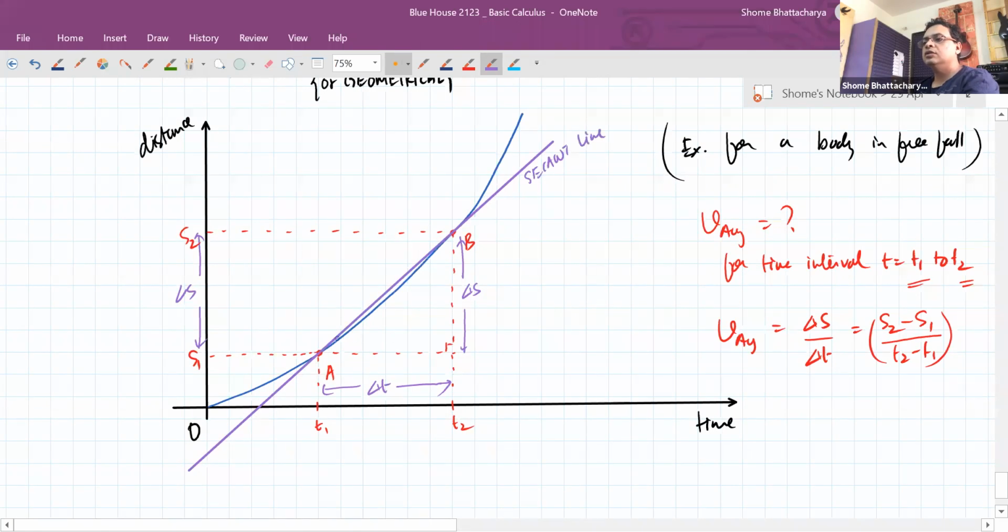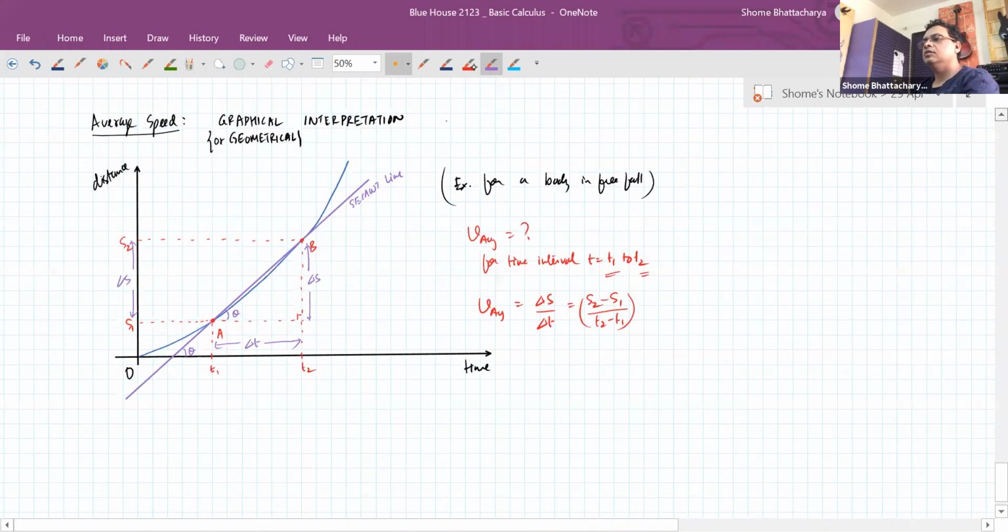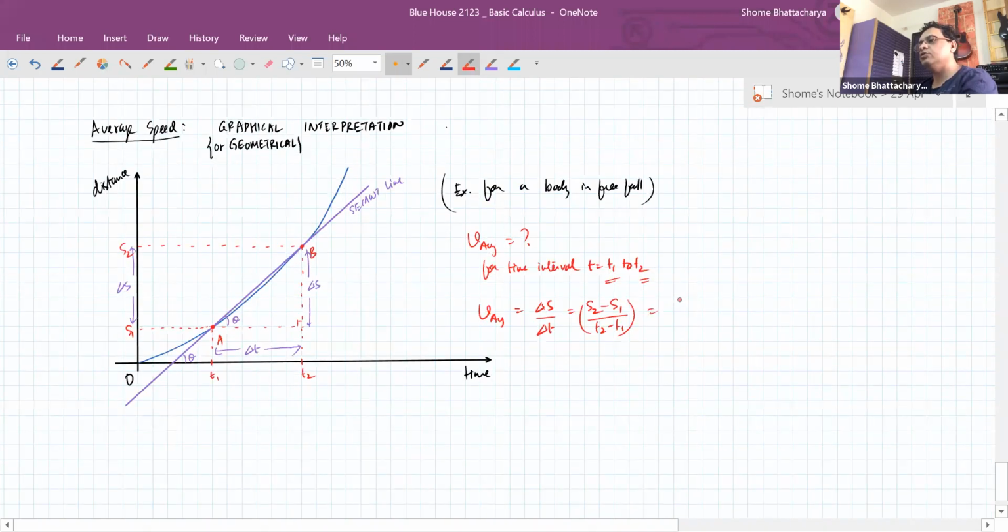So you can say that this kind of line, it is called the secant line. So this angle it's making is the same angle that it is making with the x-axis. So we can see that the geometrical interpretation becomes that this average speed is equal to the slope of the secant line, tan theta.